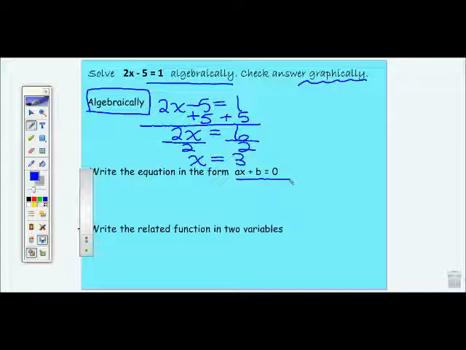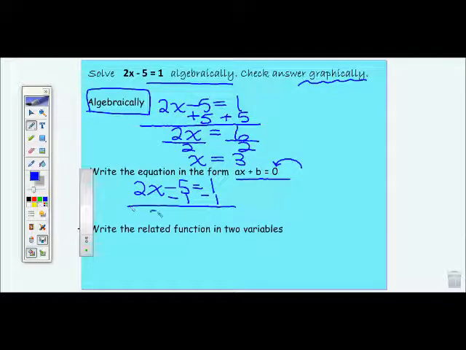So let's change it to the ax plus b equals 0 form. So this time I have my 2x minus 5 equals 1. And I need it to equal 0. So this time I'm going to get rid of the 1, and I'll end up with 2x minus 6 equals 0.